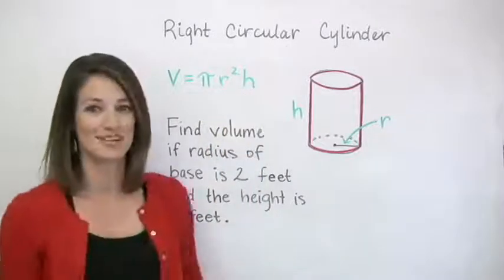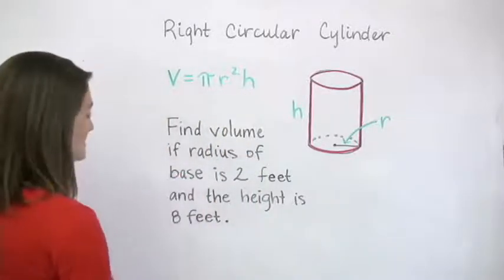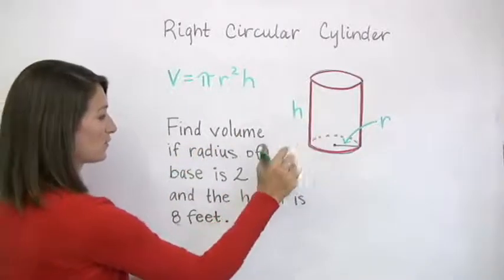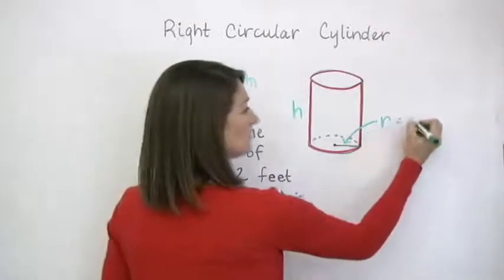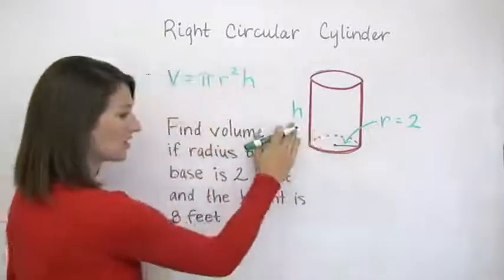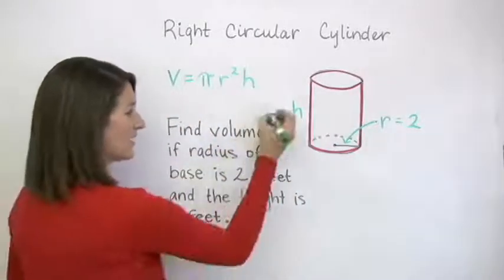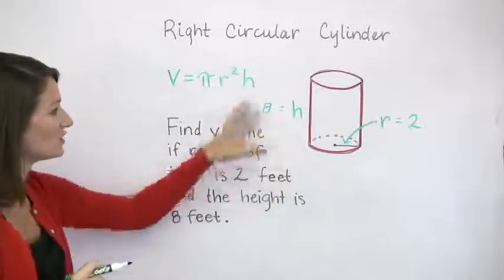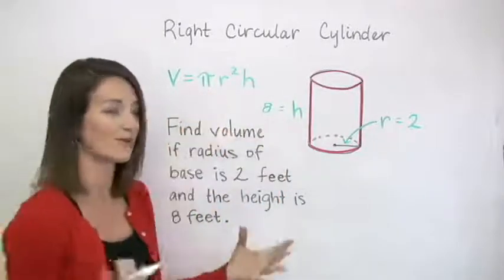So let's go through an example and see how this works. Let's say we need to find the volume of a right circular cylinder if the radius is equal to 2 feet and our height is equal to 8 feet. So let's plug these values into our known formula and see what we get.